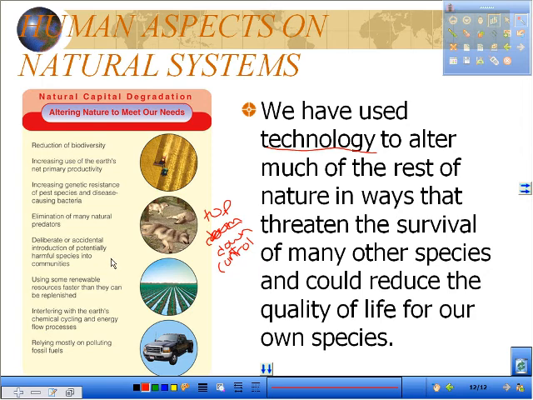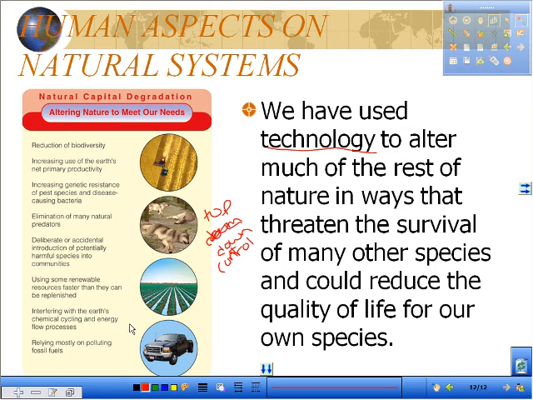Deliberate or accidental introduction of harmful species into communities, again with the genetic engineering, which we'll talk about later, with all that craziness. That changes what's going on with more travel. We're moving stuff around more. Using resources faster than they can be replenished. So we're growing so much more, we're making so much more that we're using stuff up sometimes faster than we can fix it, or faster than it can be replenished.